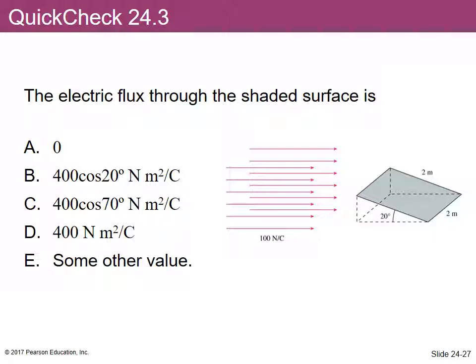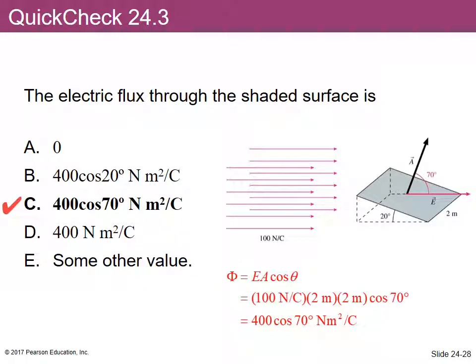The electric flux through the shaded surface is... the answer is C. The projected area of the surface is the area times the cosine of the angle, and the angle is 70 degrees.